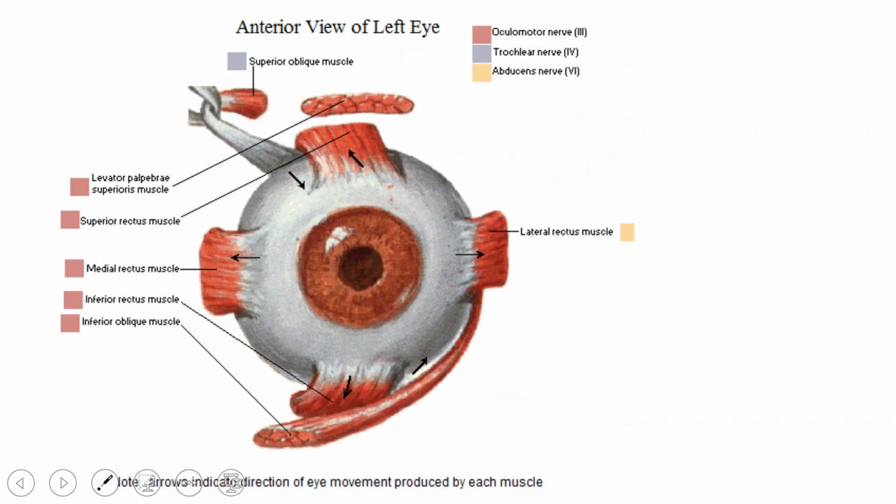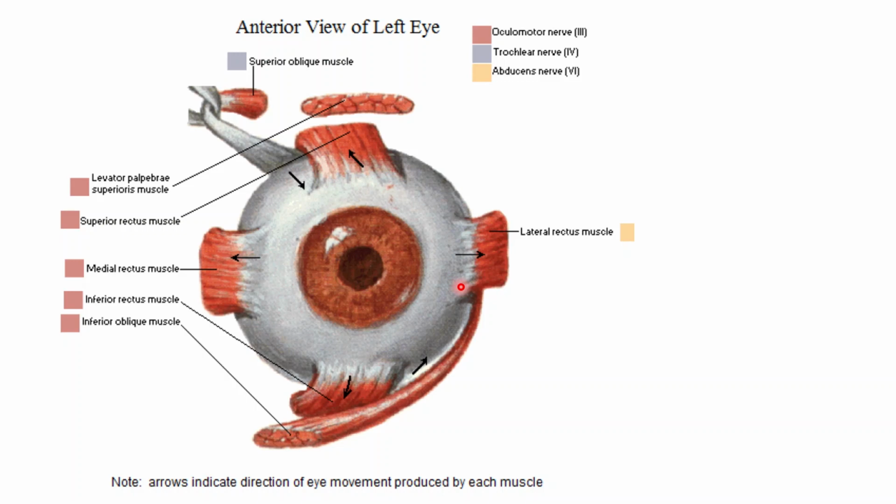This diagram shows the anterior view of the eyeball, where we can make out the insertion of all the recti muscles: the superior, medial, inferior and lateral recti, inserted just behind the sclerocorneal junction, the junction between the sclera and the cornea.